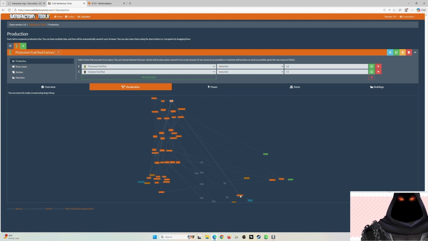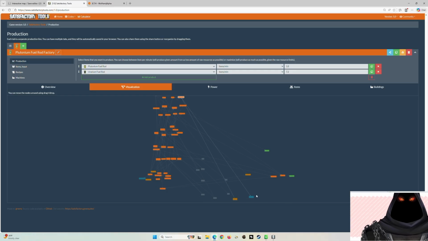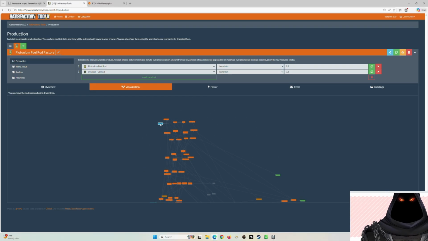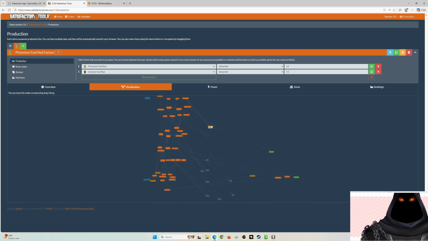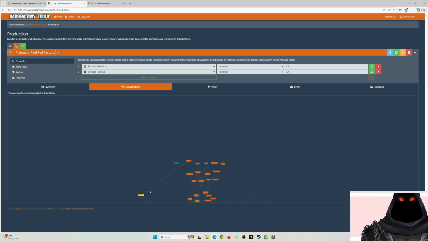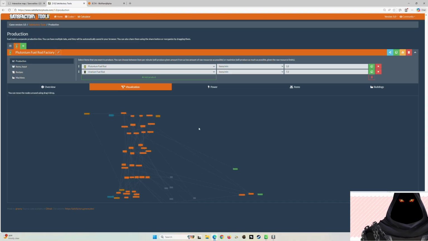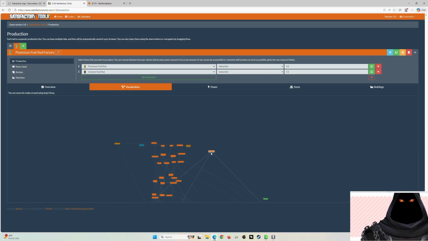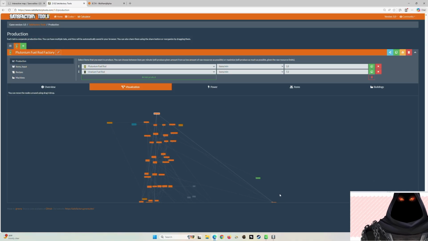Which I think this blueprint has room for more stuff that I can put in there. And then the last blueprint is going to be this thing on top.